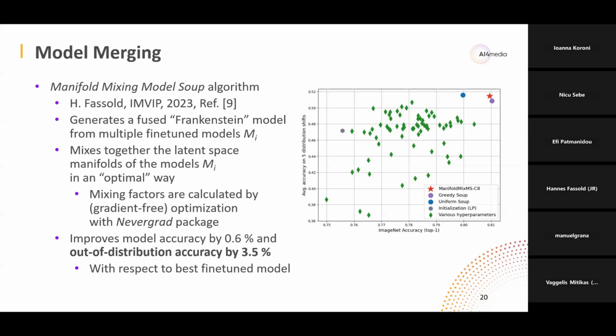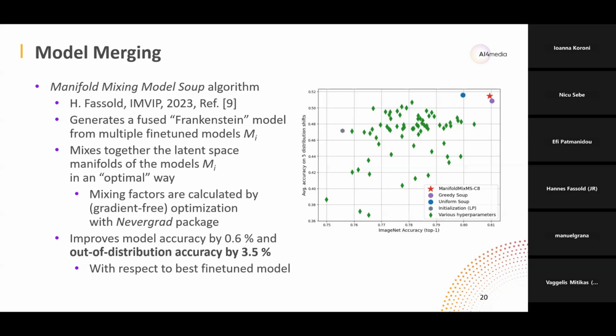And you can see this here on the right side. All these green points are multiple fine-tuned models, for example, trained with different data augmentations, different learning rates, and so on.